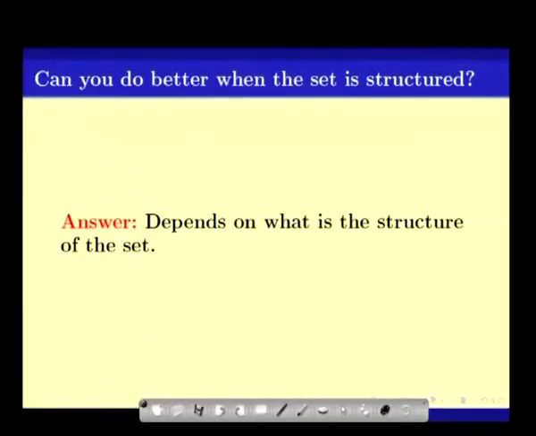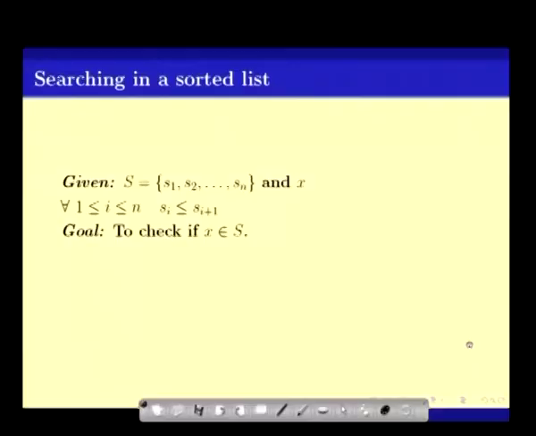It is a natural understanding of this real life situation. But when this data set is structured in a particular way, then we might be able to do something better. And that is what happens when we look at a sorted list.